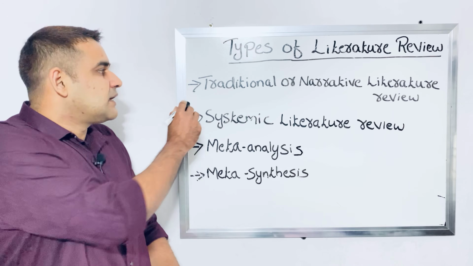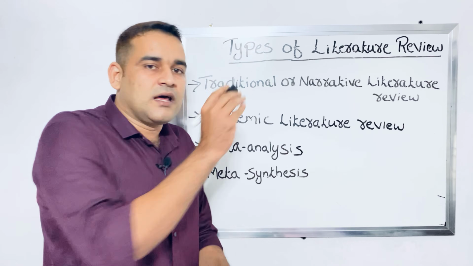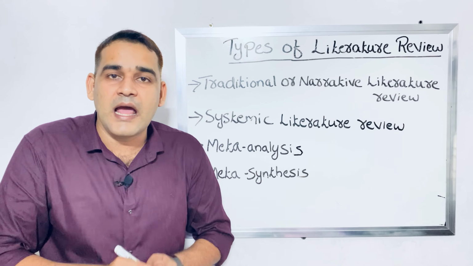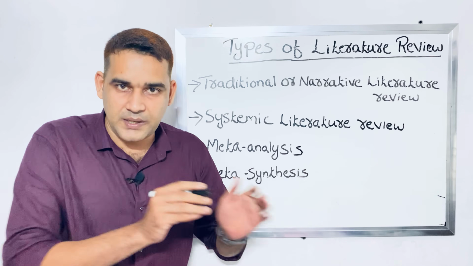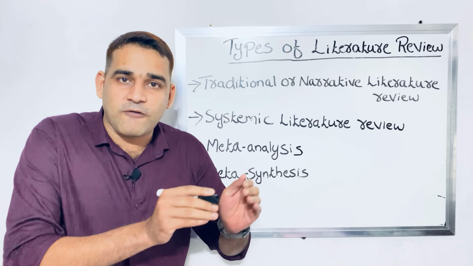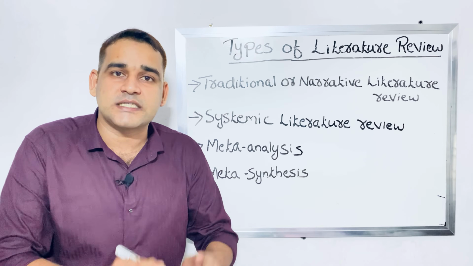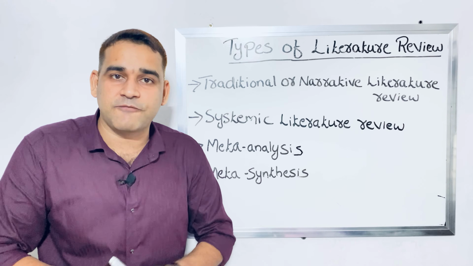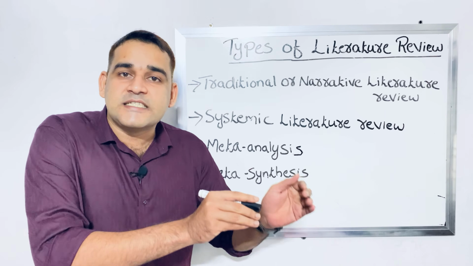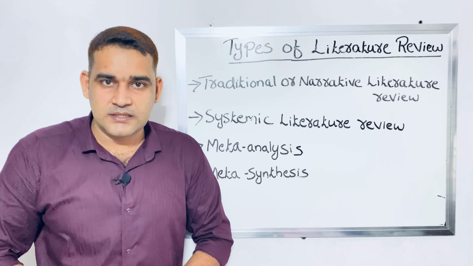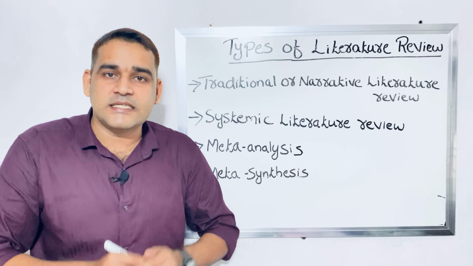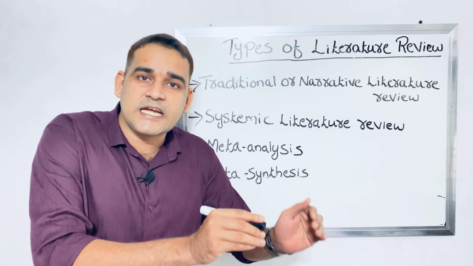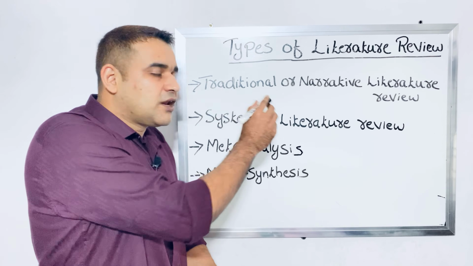It is the summary of the content, the results of the research, collected from primary as well as secondary sources. The researcher collects the literature from primary and secondary sources in the traditional review.